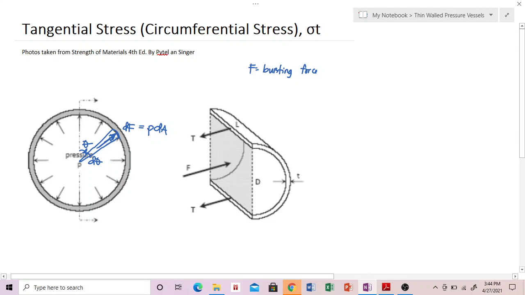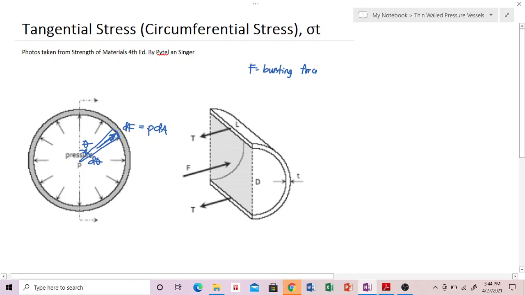Element lang. Ano tong area na to? This area is the length of this arc multiplied by the length L. Kasi this is the cross-section lang naman, the circular cross-sectional area nung cylinder. Nag-consider tayo ng cylinder.